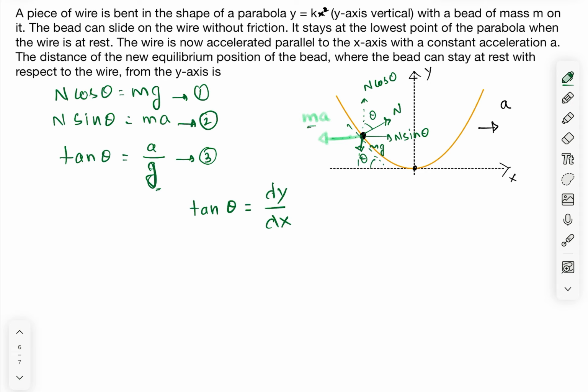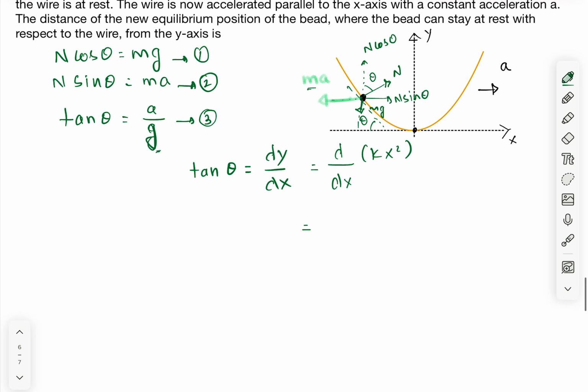Now what is given as an equation? They gave y = kx². If I differentiate this, dy by dx, k is a constant, and the differentiation of x² is 2x. So now I have tan theta is equal to k times 2x. Let us call this equation number 4. What they are asking is the x, so just equate 3 and 4.